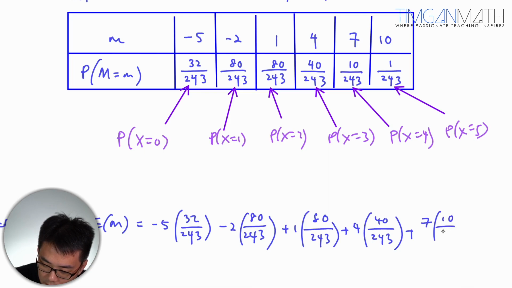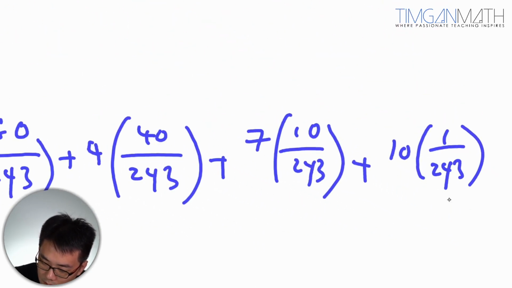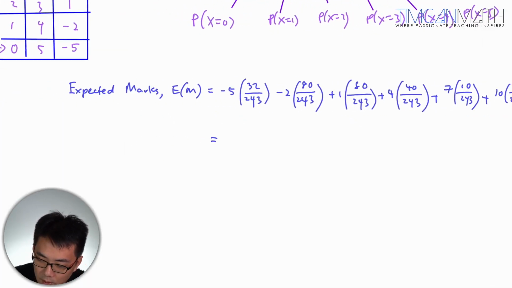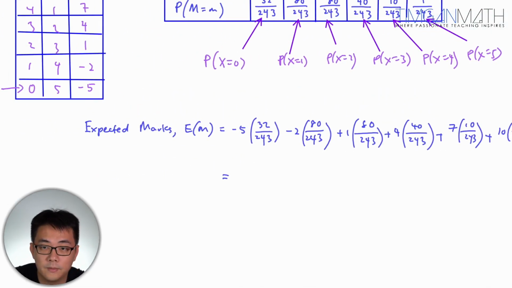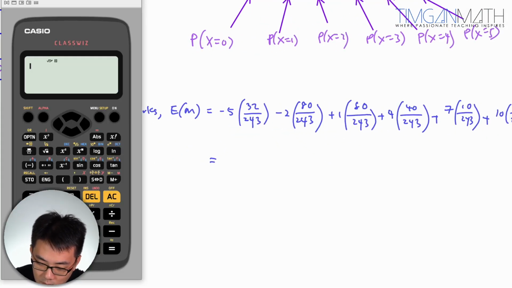Actually, you could just key in the numerator. So this would be -5 times 32 minus 2 times 80 plus 4 times 40 plus 70 plus 10.